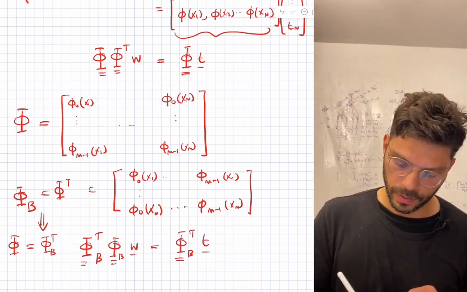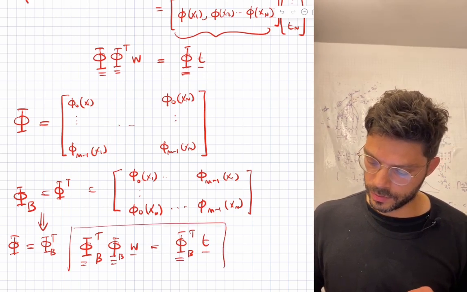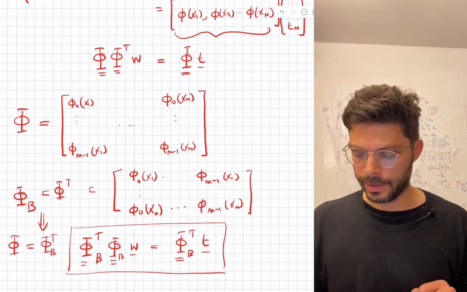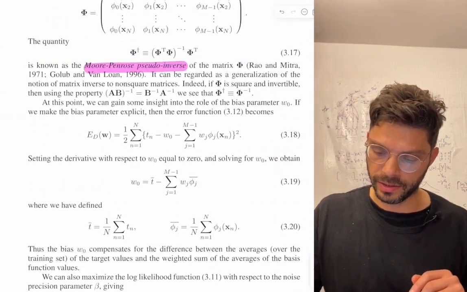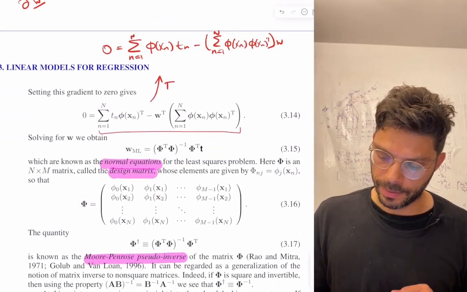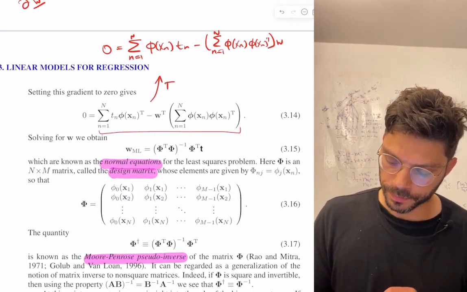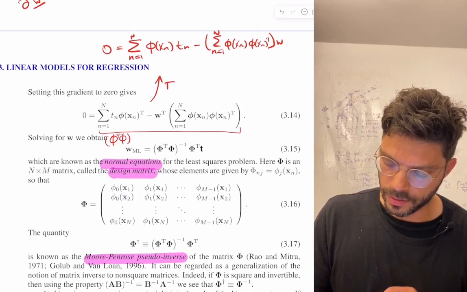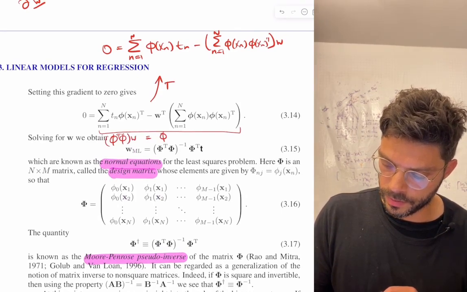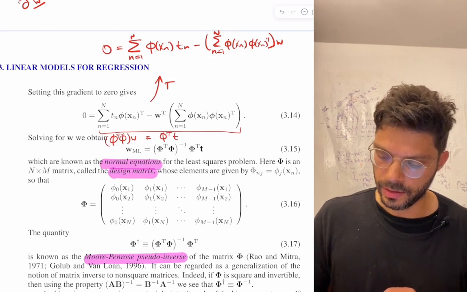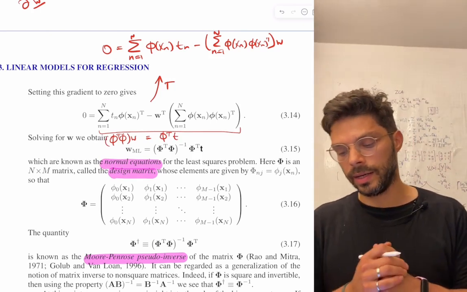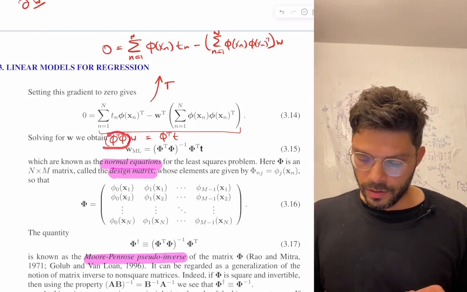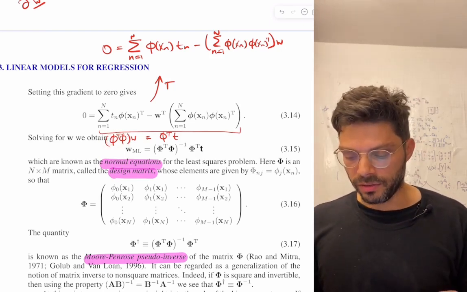Okay, so that is the equation we end up with, which is the previous step to this, and obviously we're going to work with his now. Phi transpose times t, and now you just apply the inverse of phi transpose phi to both sides to solve for w.